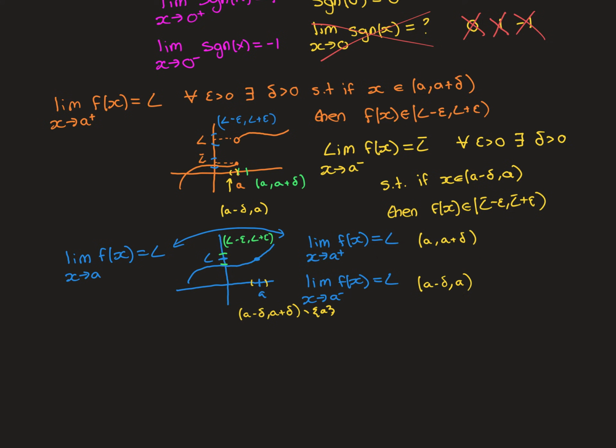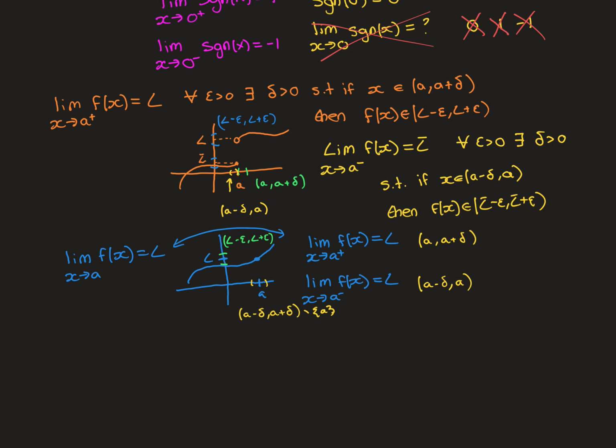So let's now show these two things, and we'll start with the right-hand limit. In order to show this, we need to show that for all epsilon, we can find the right-hand interval to the right of A such that all of those points inside that interval are mapped into the epsilon interval around L. Hopefully it's immediately obvious to you how to do this from this starting assumption.